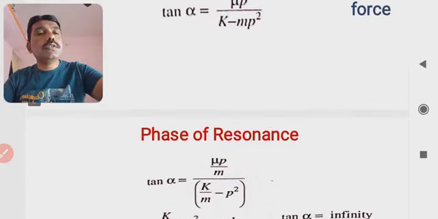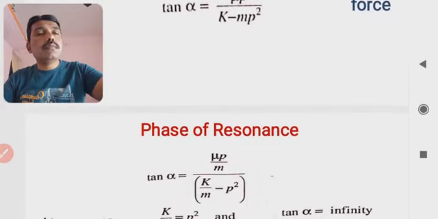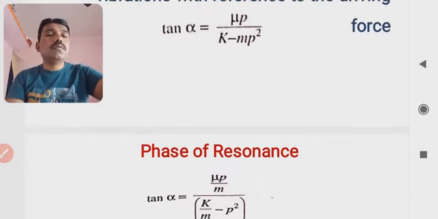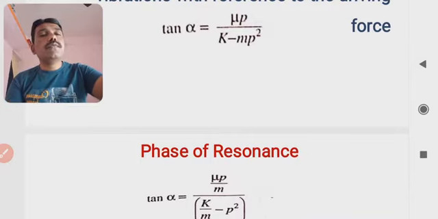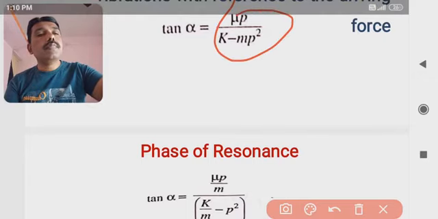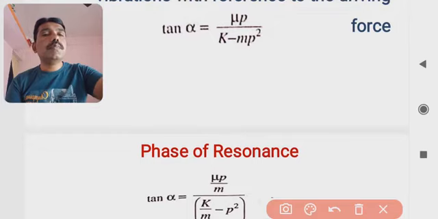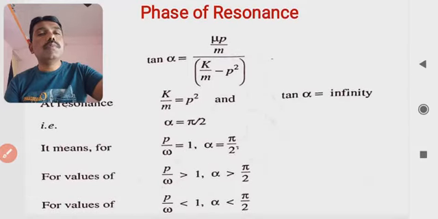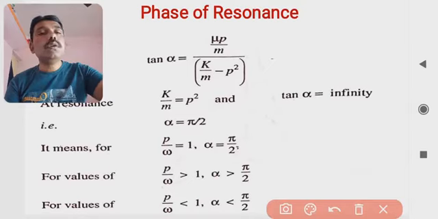Here, if I divide the equation throughout by m, we will see the new relationship: mu p by m divided by k by m minus m p square by m, which gets cancelled, and p square is remaining.